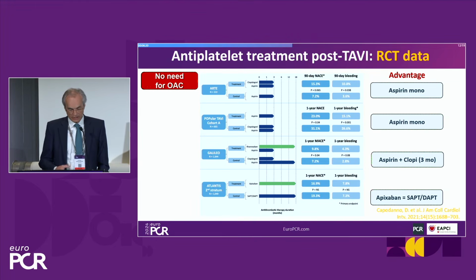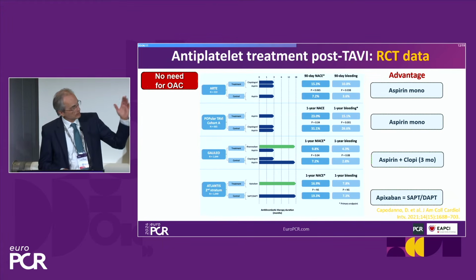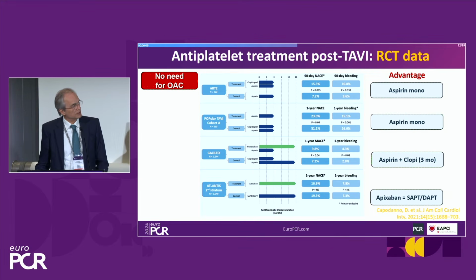So the ARTE trial, the POPular TAVI trial, the GALILEO trial, and the ATLANTIS trial. I don't want to go too much into detail, but just mention the advantages given on the right-hand side of the slide.